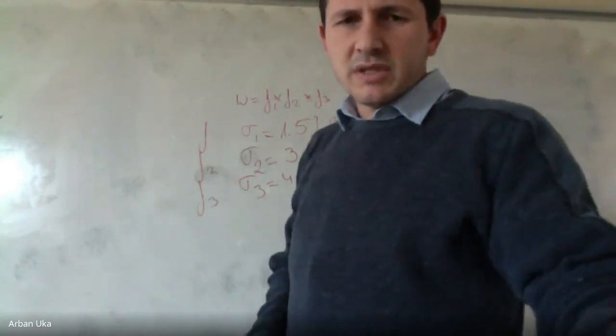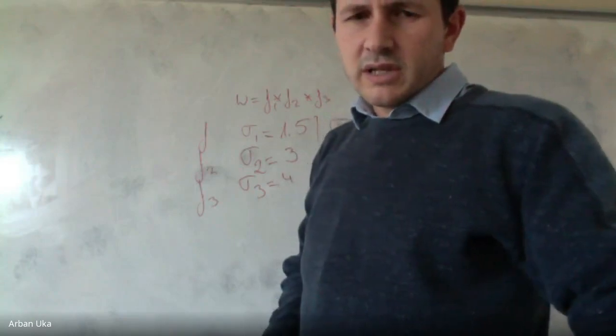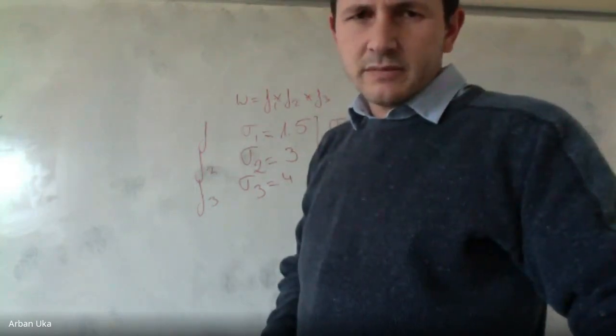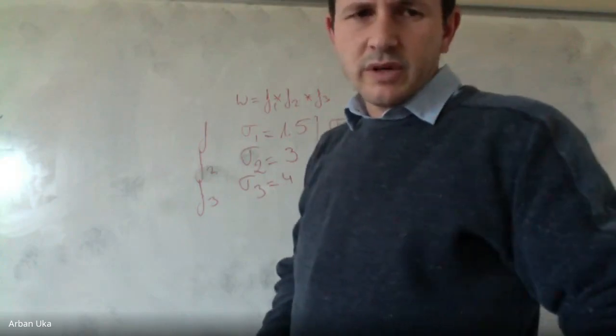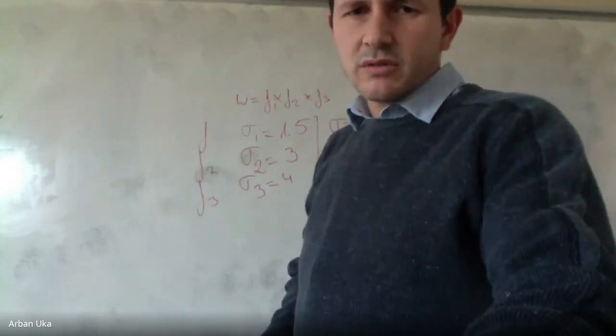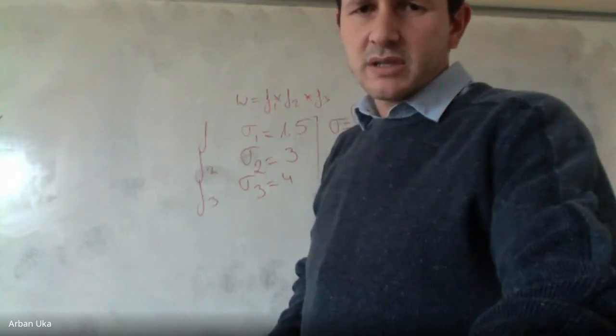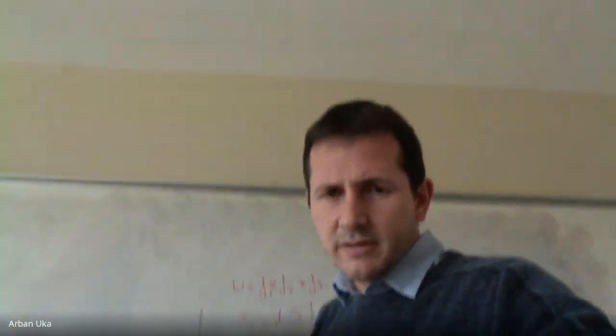Now, let me go to the slides. Whenever you do these calculations, they are not difficult, but it might be best to use the variances. If you are calculating several filters, sometimes it might get confusing if you use the standard deviations.